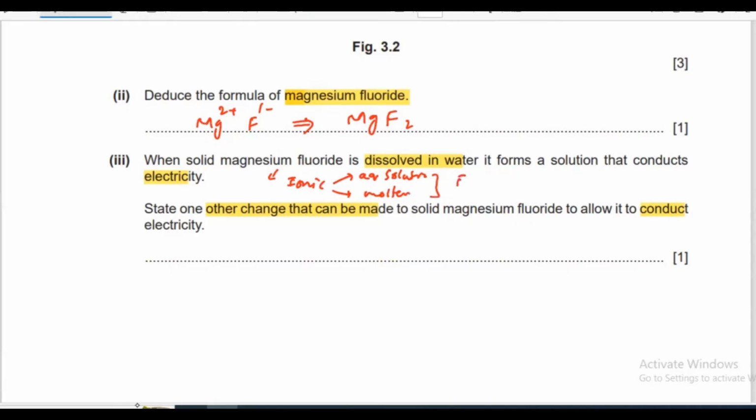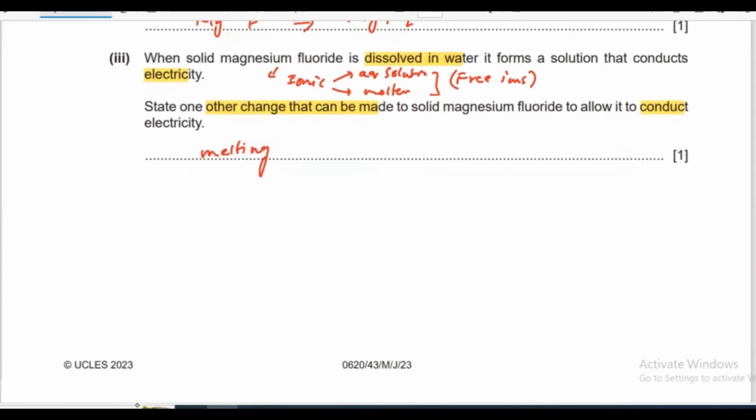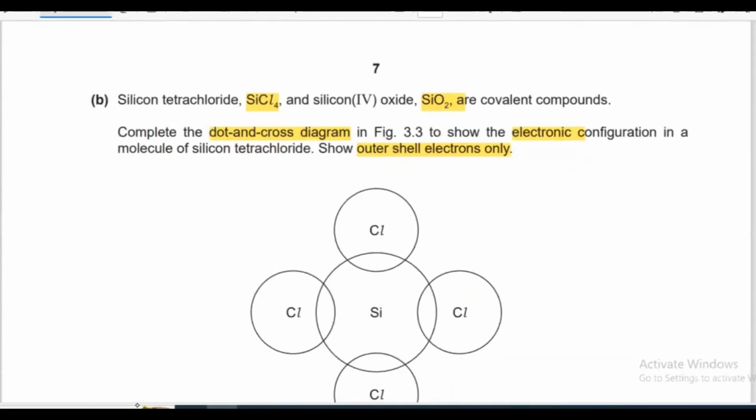In these two conditions, they have the free ions which are responsible for the conductivity. So when you start melting this ionic compound, the molten magnesium fluoride can conduct electricity due to the presence of free ions.